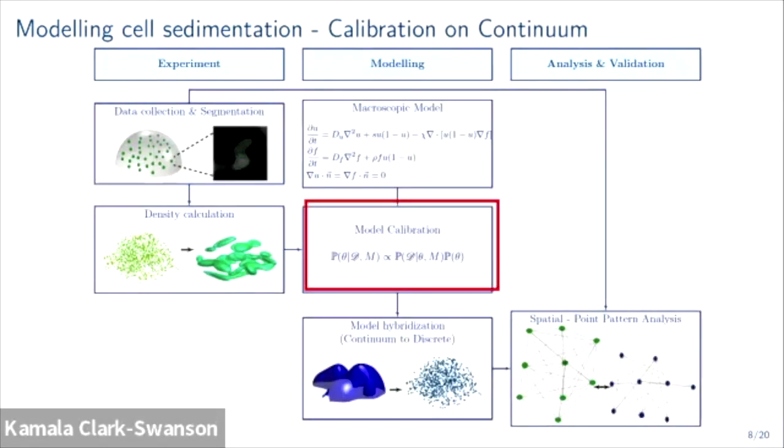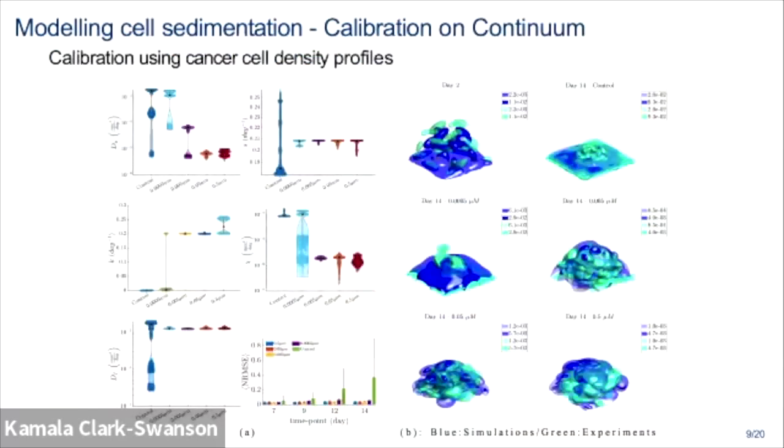So we move on to the calibration of this model, and we perform Bayesian inference with Monte Carlo techniques. As you can see, here are the results on the right panel of the best parameters that we obtained, where we have a good agreement between experiments and simulations, with green and blue respectively.